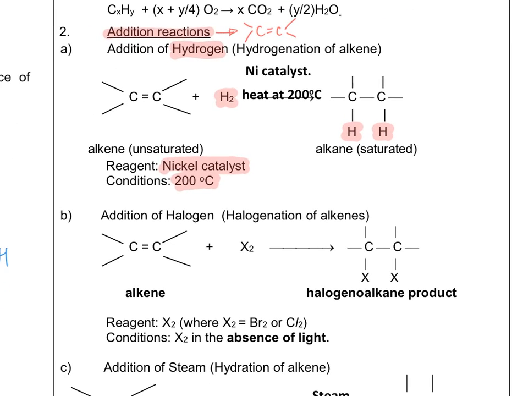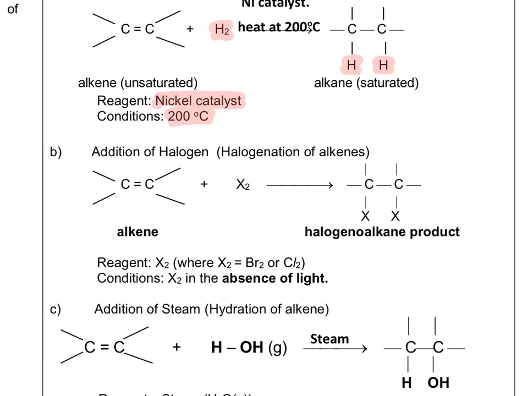The second reaction is addition of halogen. I can add Br2, I can add Cl2. This is different from substitution because this reaction takes place in the absence of light. You remember that in substitution reaction there must be UV light present, but here there isn't a need for light. In fact, this happens in the absence of light.